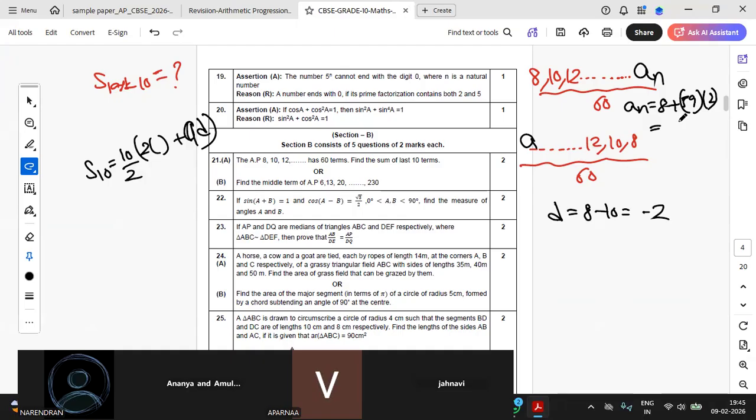So a_n will be 60, 60, 120, means 118, 126. Absolutely, Ponnappa. So a_n is 126. So here a will be 126. Finished: 5 into 2a, 2 into 126, plus 9 into d, minus 2. Okay, you do it.